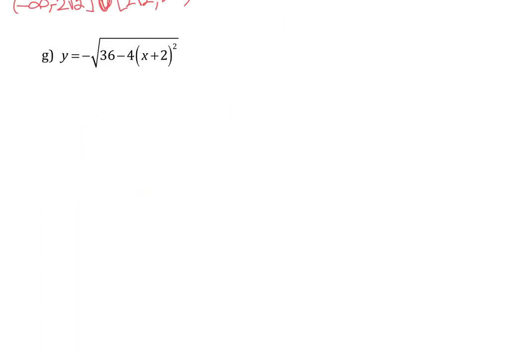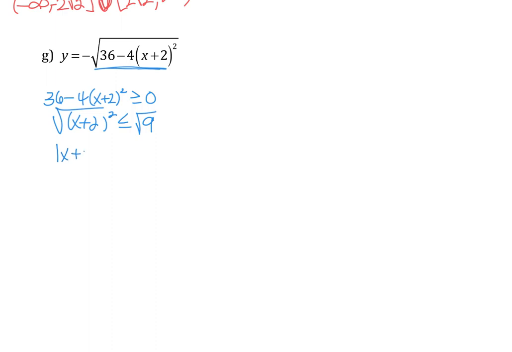And the last one here, this one again sort of looks like examples D and E, but a little bit more complex. So I'm going to start by solving for my domain. I'm going to set that radicand greater than or equal to 0. I'm not going to expand anything. So I'll subtract 36 and divide by -4. And then I'll square root both sides, and I make sure to add absolute values in my next step.